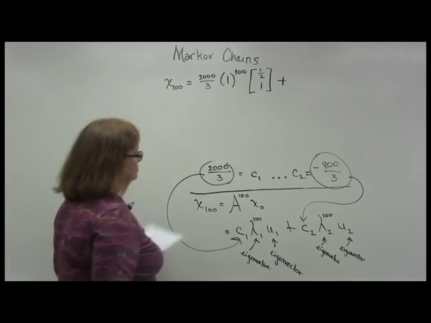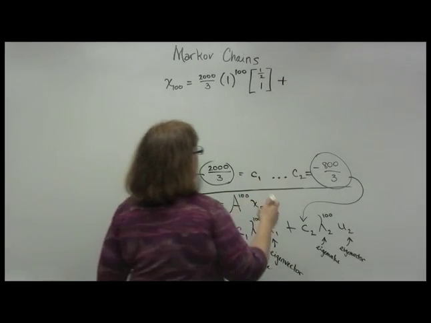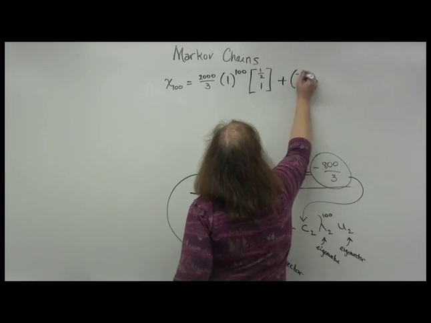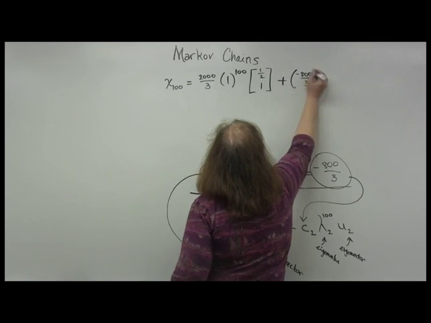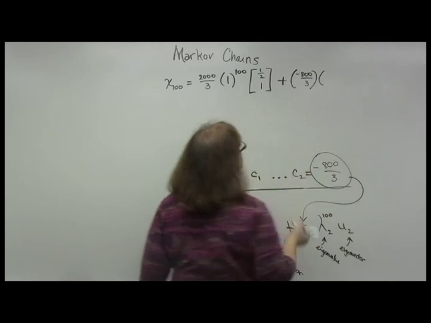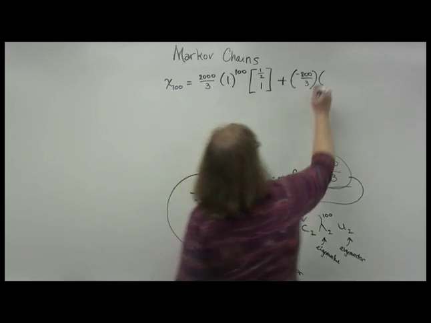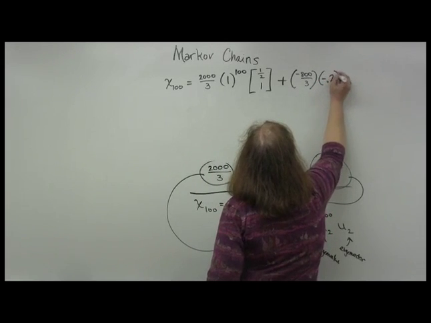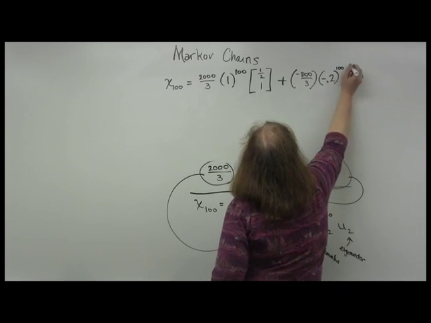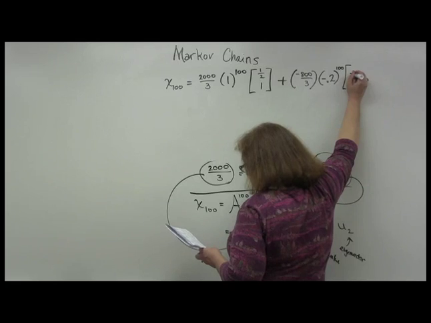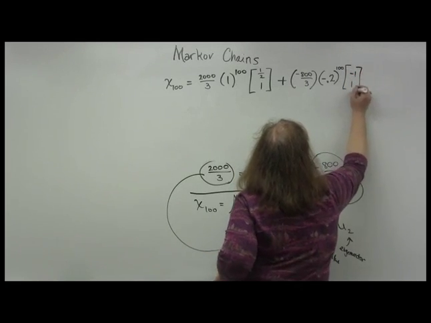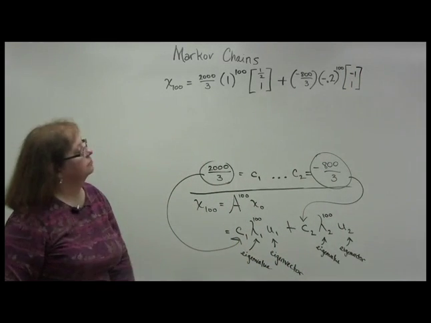Plus, then I had this negative 800 thirds, times my lambda sub 2, which we figured out was negative 0.2. That's going to be to the 100th power, and that's times its corresponding eigenvector. We were using negative 1, 1.